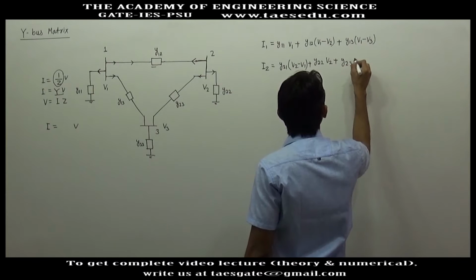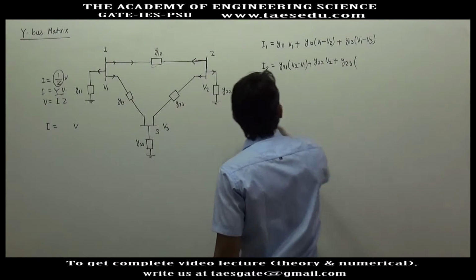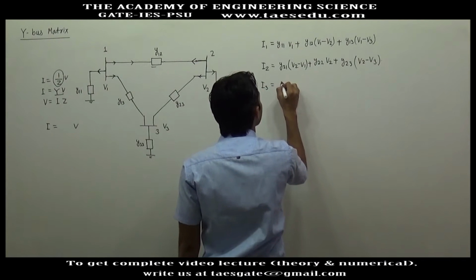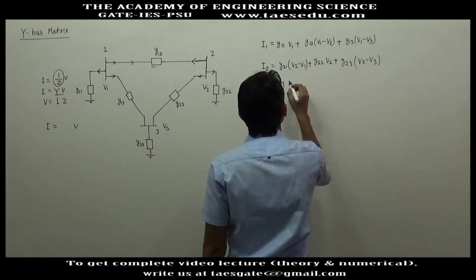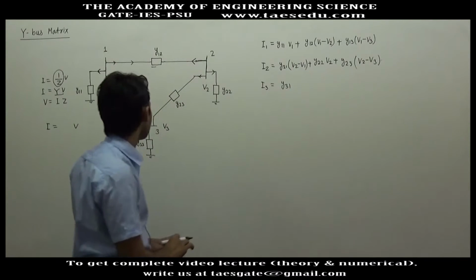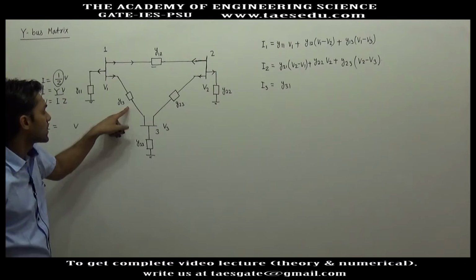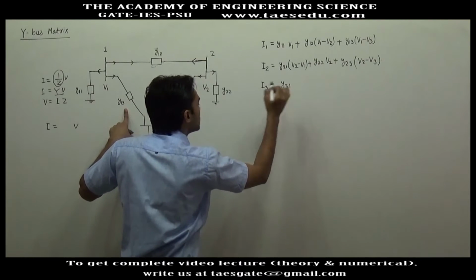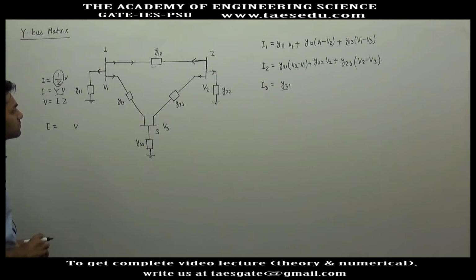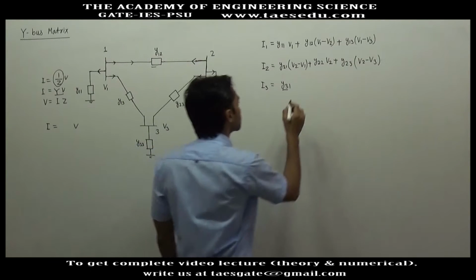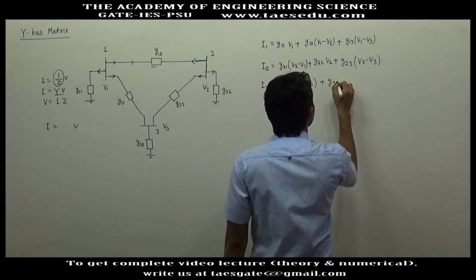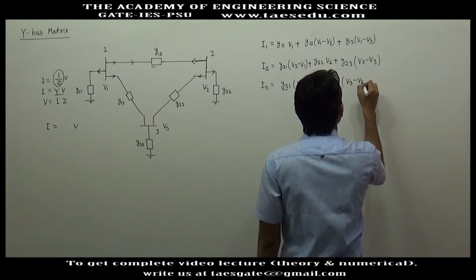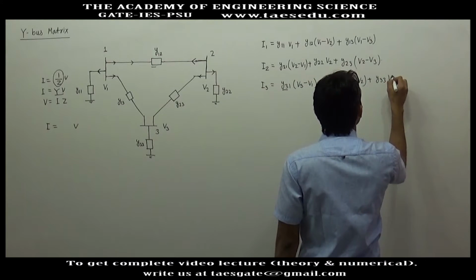And the third current, V2 minus V3 into Y23. Similarly, I3 will be Y31, whether I write Y13 or Y31. For I3, I will name it Y31. Y31 into V3 minus V1, plus Y32 into V3 minus V2, plus Y33 into V3.